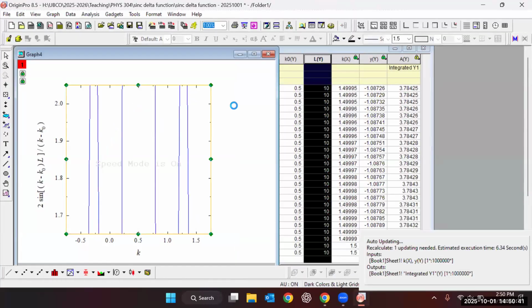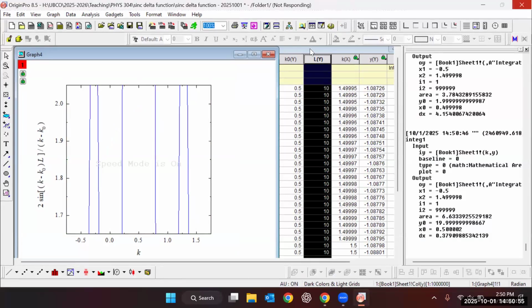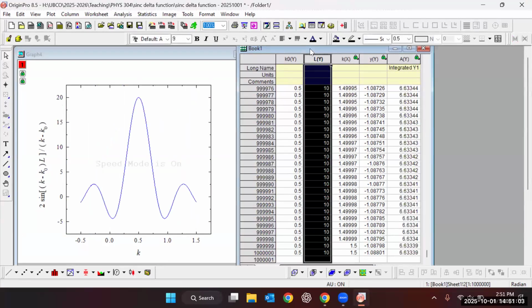All right, so there it's updated this plot. What I'm going to do is I'm going to rescale the plot so that we can see what it looks like. So we'll let it do its millions of calculations. It has to do a million calculations to get the new k values, the new y values, and the new integral. Okay, so it's updated.